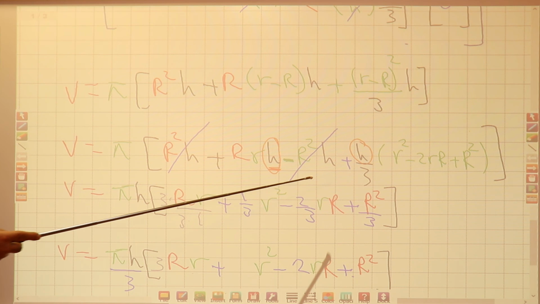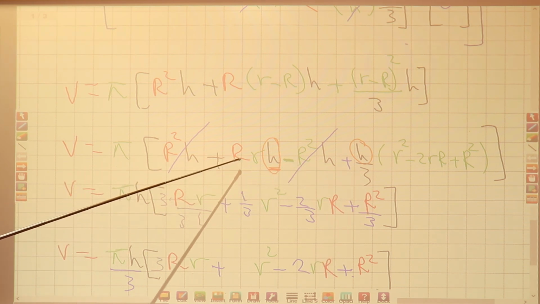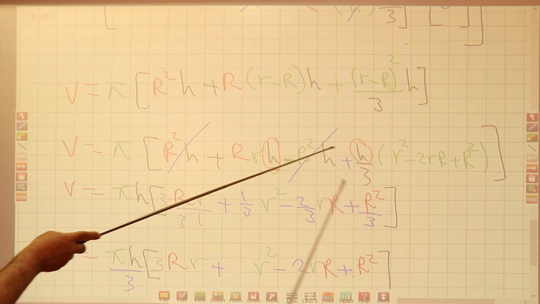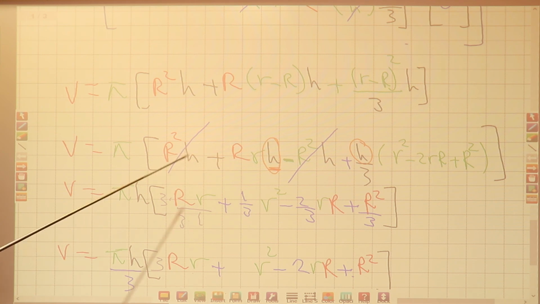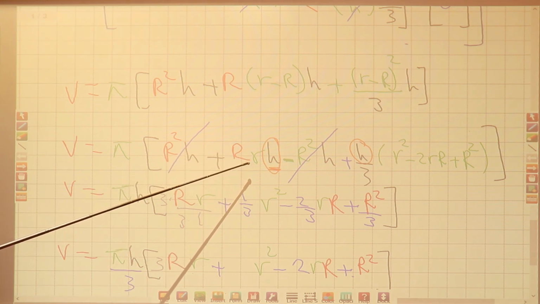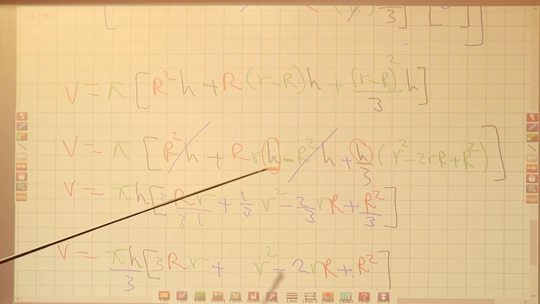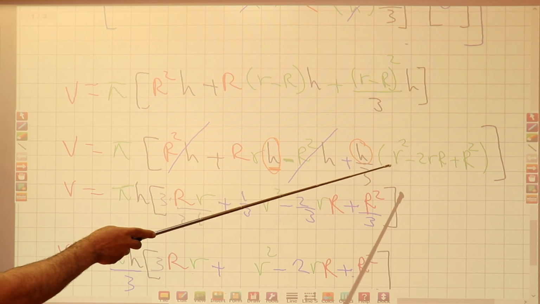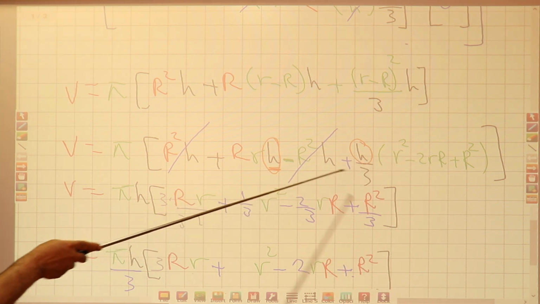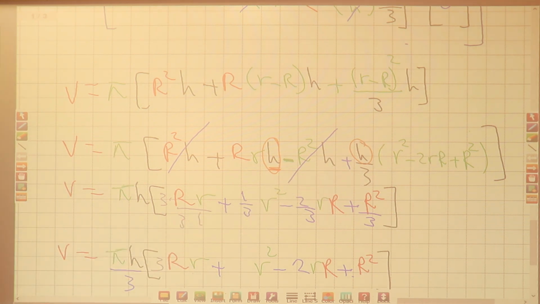Now because my denominator here is 3, I multiply the first term, which is R, right? I took h first. You see the h? We took this h and this h out. We end up with R, and this guy cancels with this guy. One third r squared, two thirds Rr, the h already out here, R squared over 3.